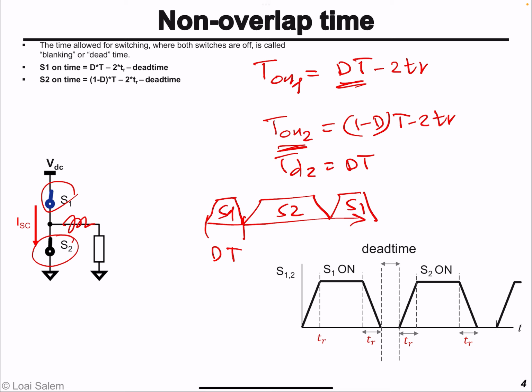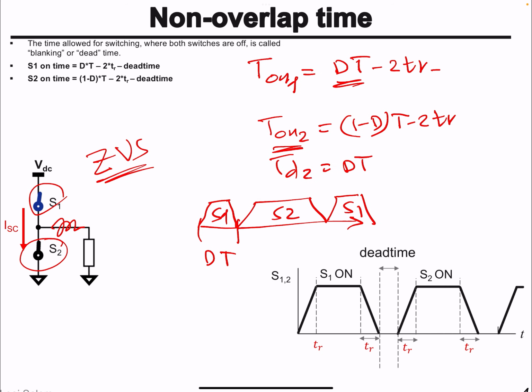Now, in some cases, to enable something called zero voltage switching, which we will not discuss in this video, note that sometimes we need to add extra blanking time or dead time.